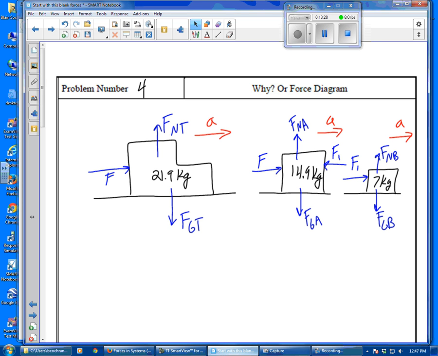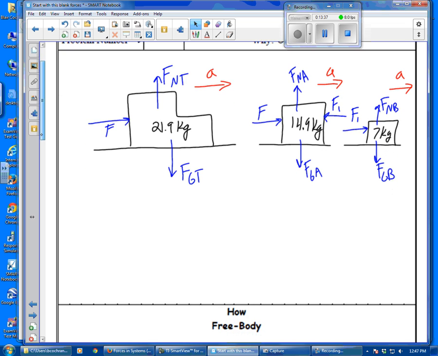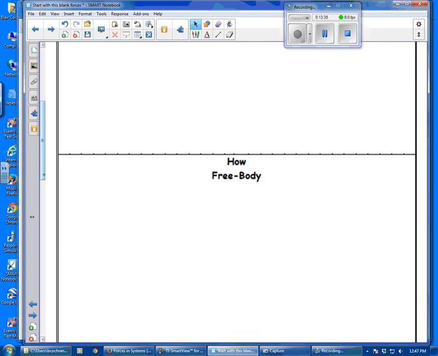And let's see, I want to find out the acceleration. So I'm going to use the system to find out the acceleration. So first thing I do is write my equation, as always.